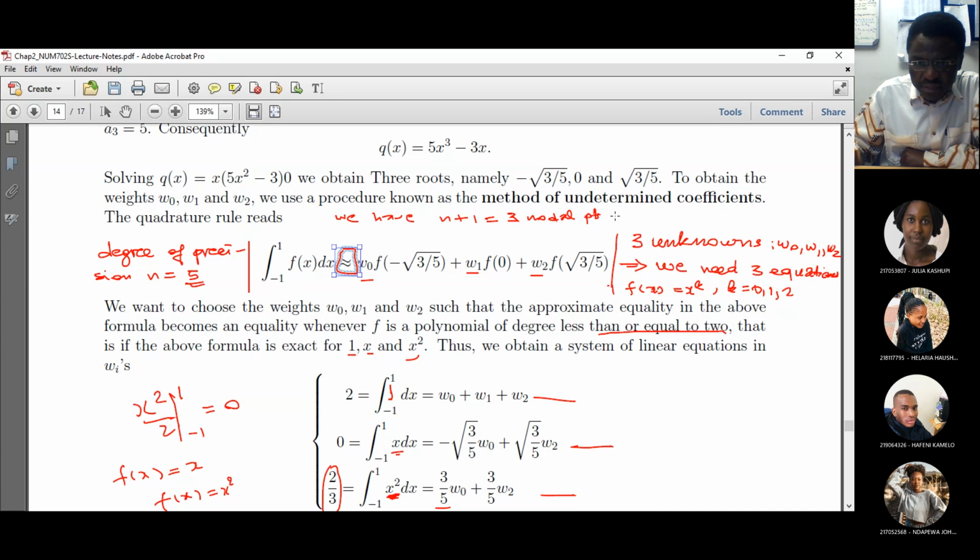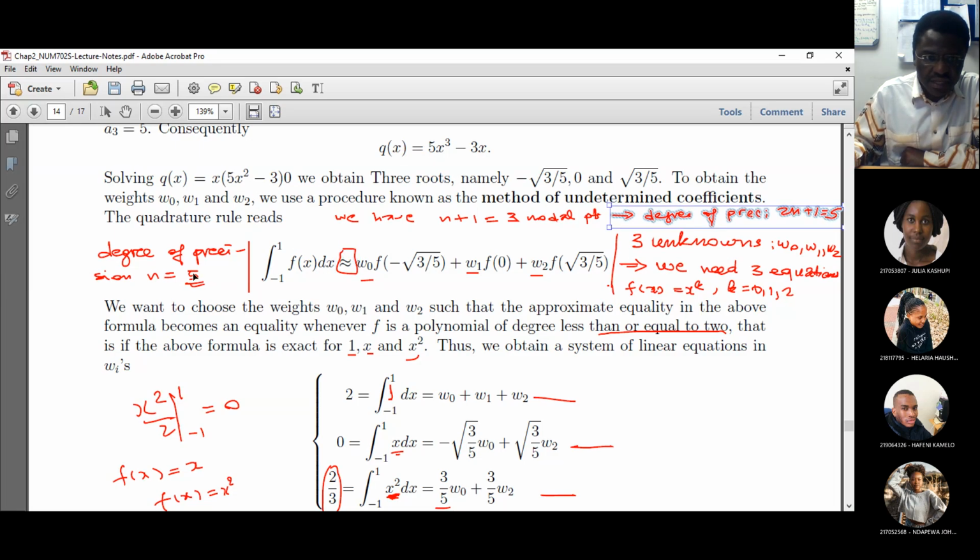So the degree of precision is 2n plus 1, which is 5.